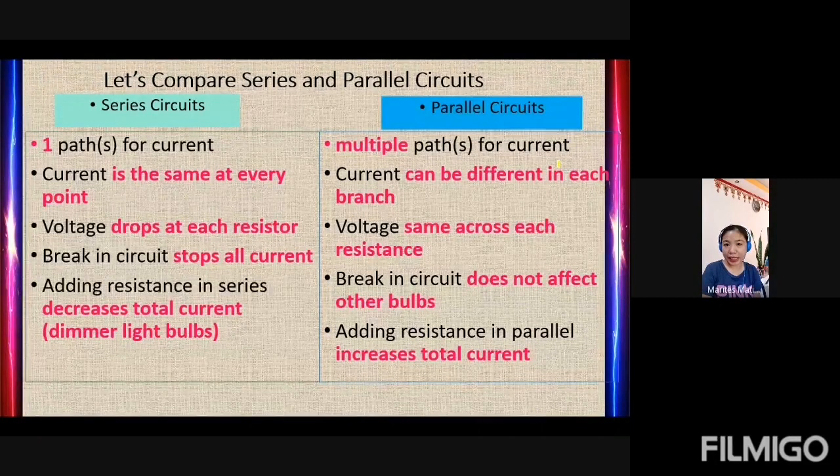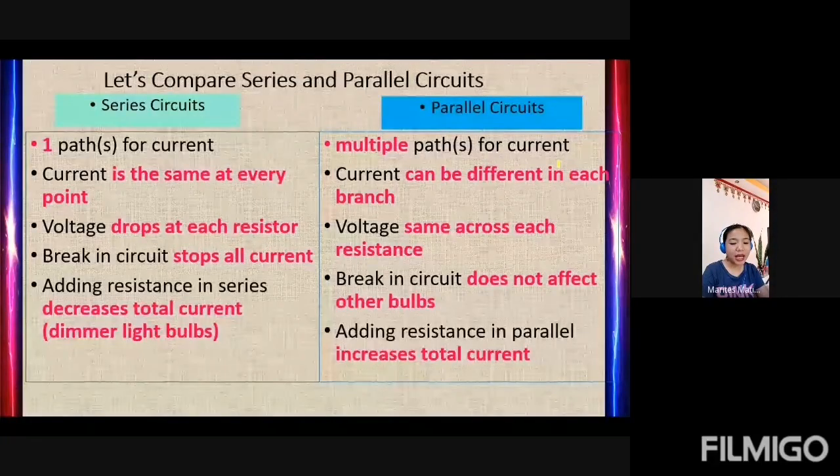So, to sum it up, in series circuits, again, there is only one path for current. While in parallel, there will be multiple paths for current, either two or more paths. Current is the same at every point.